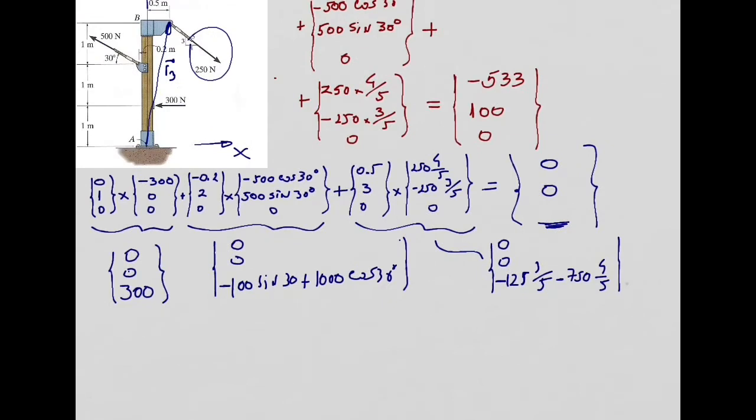You just need to add all of this together, and then you will obtain this z component here. Don't forget, this is going to be equal to my resultant moment.